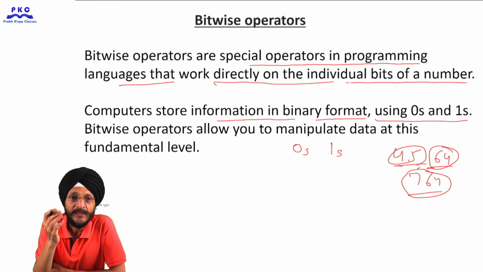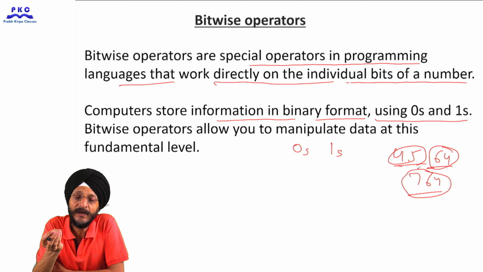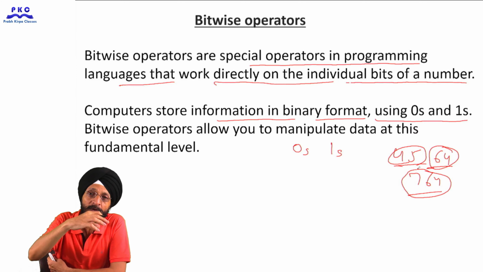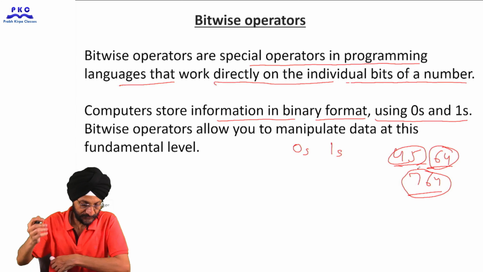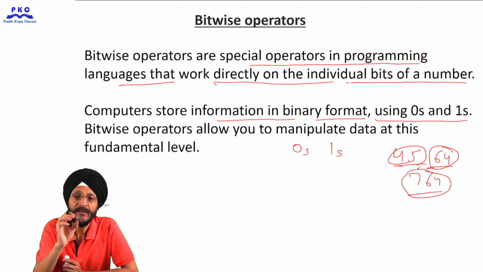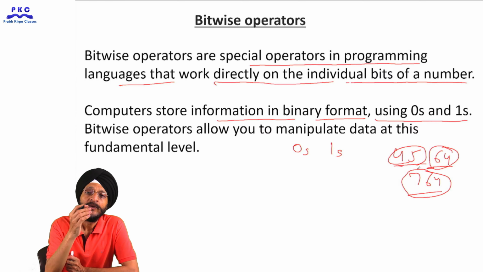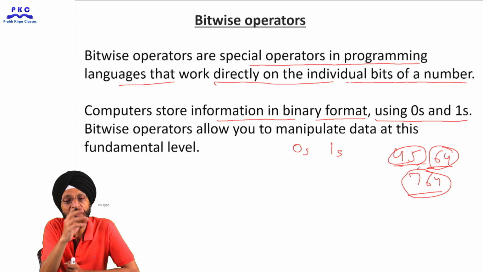So now the question arises: what are binary numbers, and how can we come to know the binary number of a number? Firstly, we will understand how we can convert binary into decimal and a decimal number into binary.